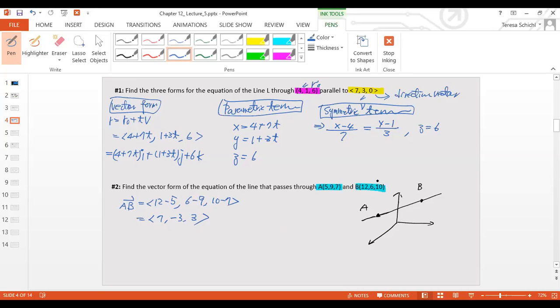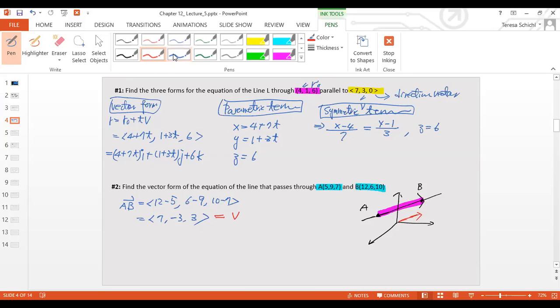We did this segment and said this is the vector. I know from previous what is here. My directional vector has to be parallel to here, correct? So in fact, this will be my directional vector.